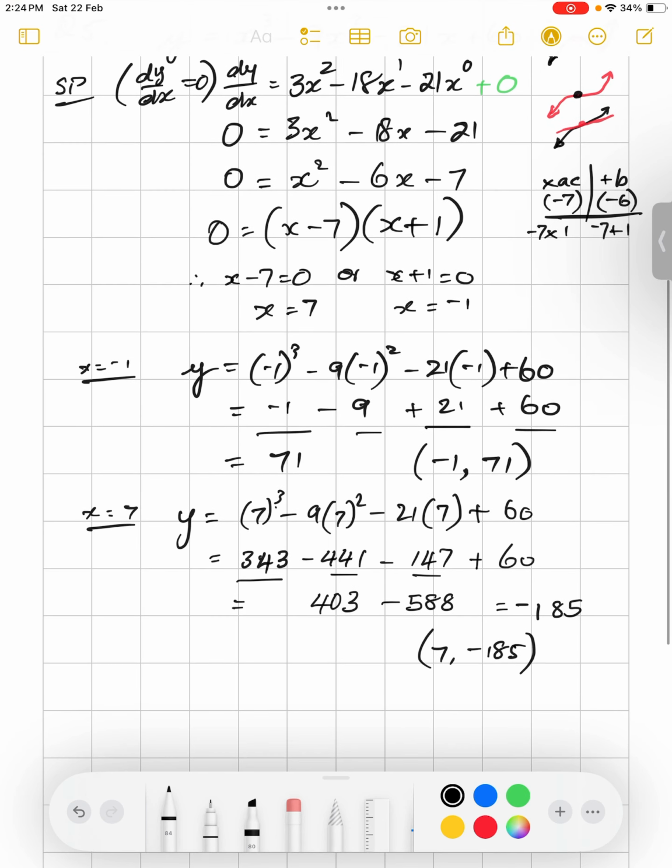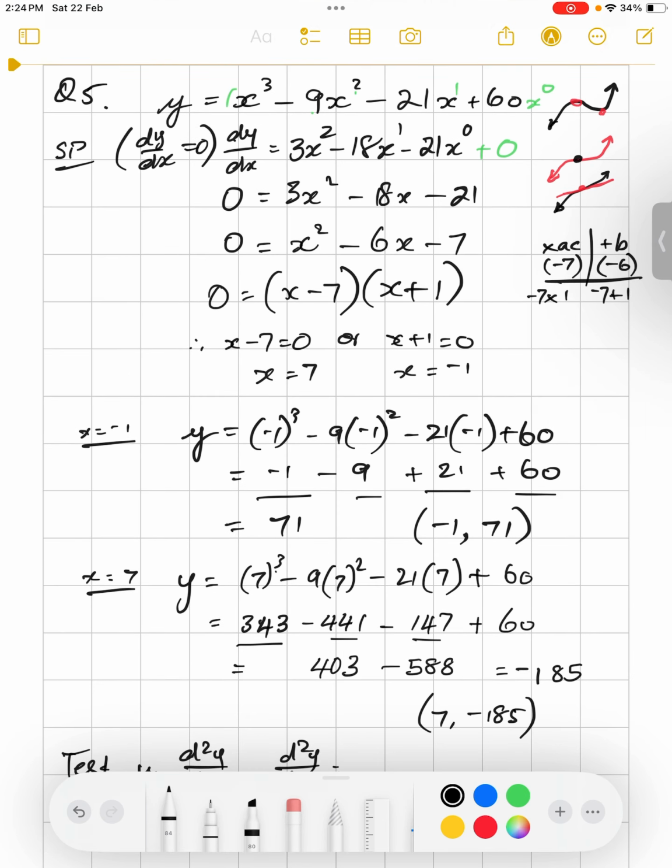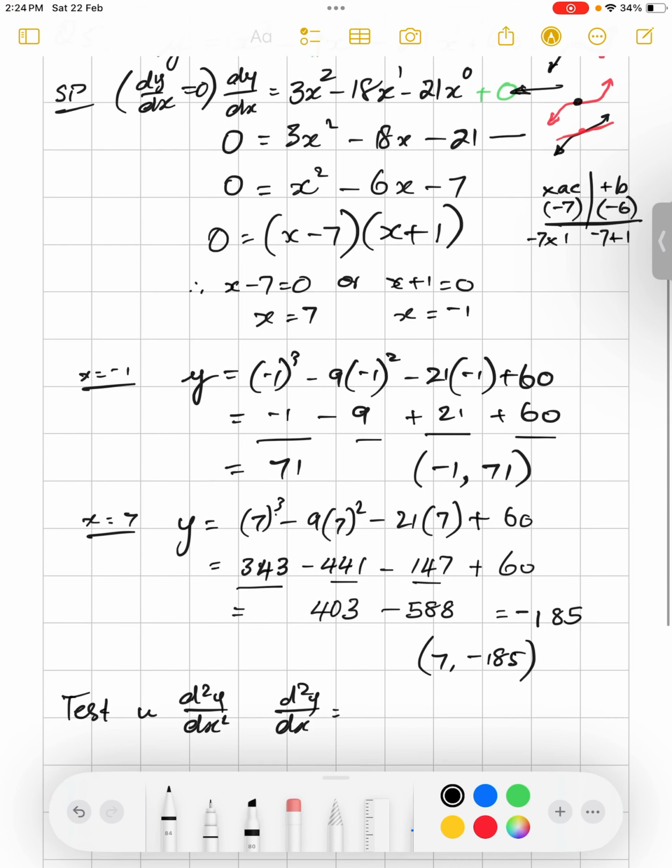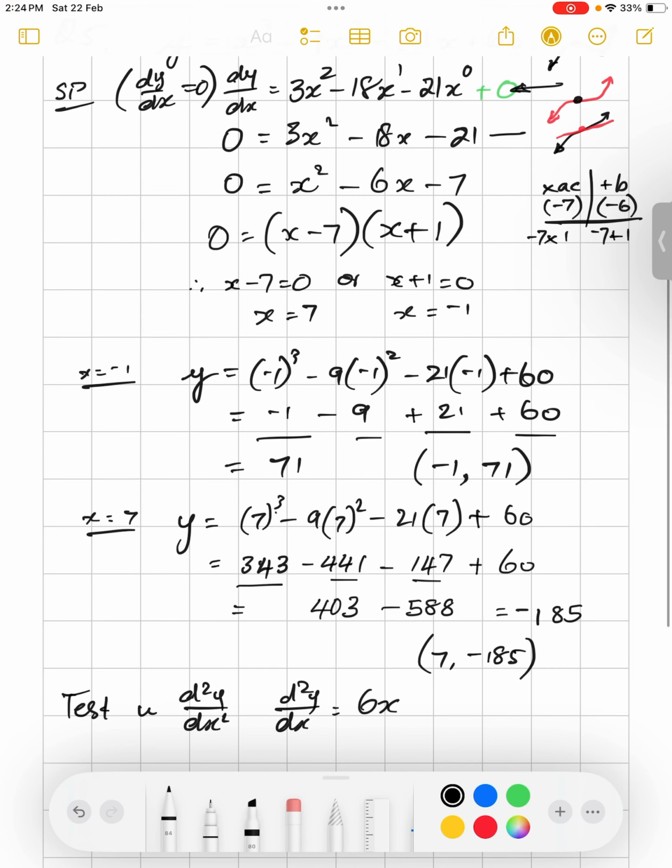Now we have to test them in the second derivative to see if it's positive or negative. So the second derivative will be, we go up to the first derivative, and the first derivative was this one. So that will be 3 twos are 6x, and 18 ones are minus 18, 21 zero is 0.